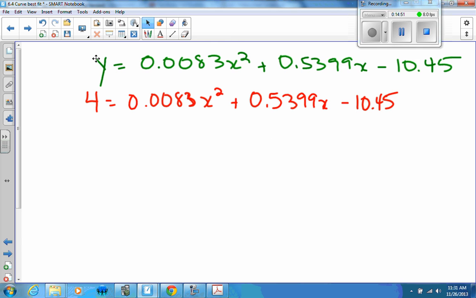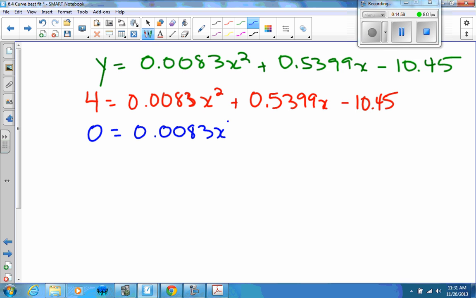I want everything to one side, and I want 0 on this side. So 0 equals 0.0083x squared plus 0.5399x minus 10.45 minus 4. So I'm going to move 4 over to this side. Okay, so negative 10.45 minus 4 would just be 14.45.